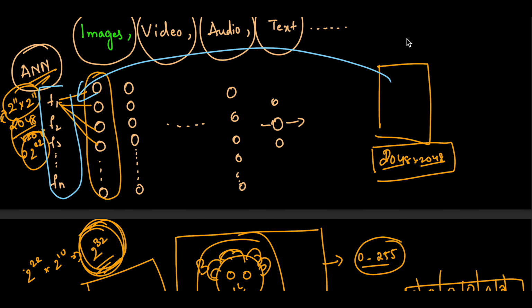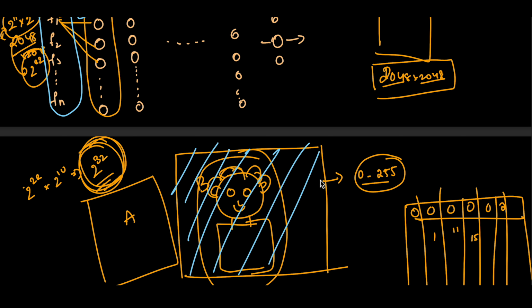But the idea of CNN comes in here, where we are not giving the whole image or each and every part of the image, but only the specific input features that we are interested in. By giving these input features, we are able to tell whether it is person A or person B.